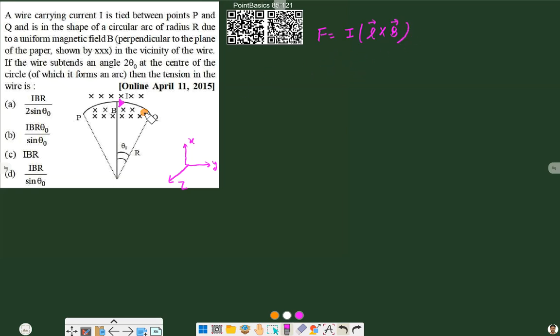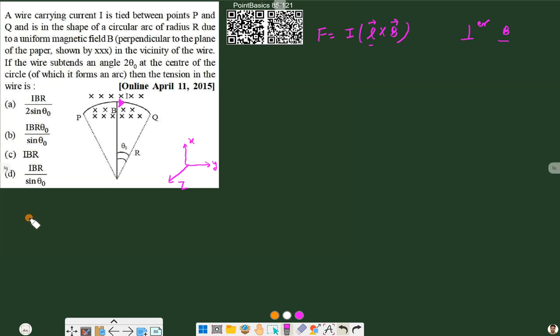Now, as the magnetic field is into the page, we need the value of the length that is in the x-axis, because we need the value of the length which is perpendicular to the magnetic field. So here we can have the length perpendicular to the magnetic field in two ways.